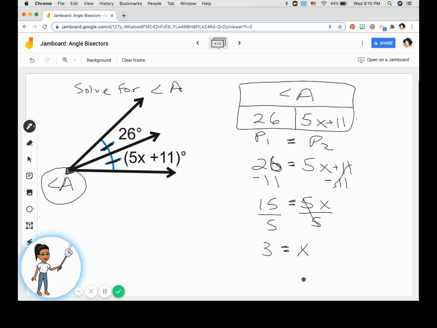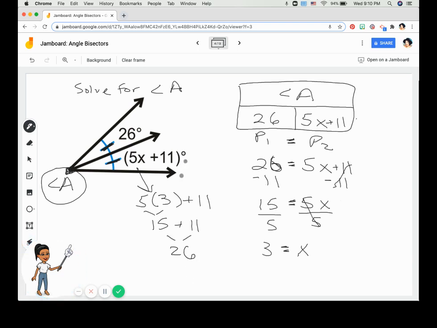And so I have that 3 is equal to x. And in order to find angle A, I have to continue to solve for this angle. 15 plus 11 is equal to 26.